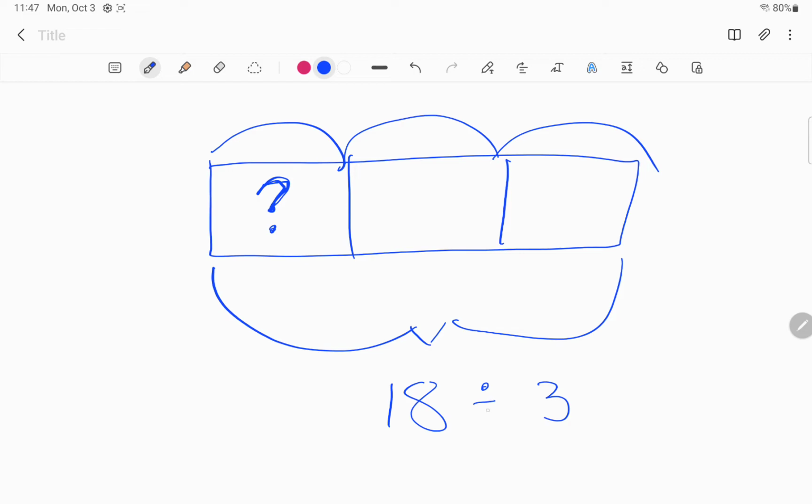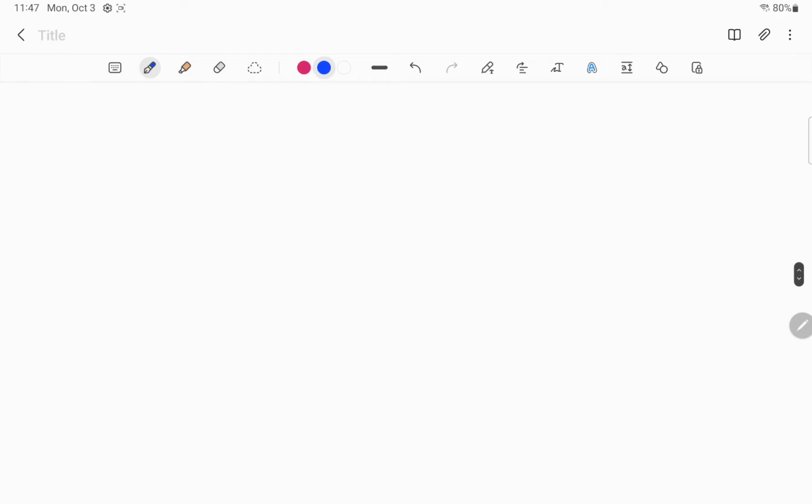So you can either do 18 divided by 3 equals 6, or you can do 3 times something equals 18. That means each box will be worth 6. All right, moving on to problem number 3. It wants us to use PEMDAS.